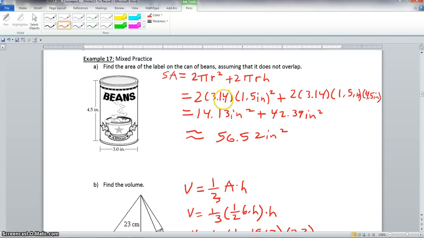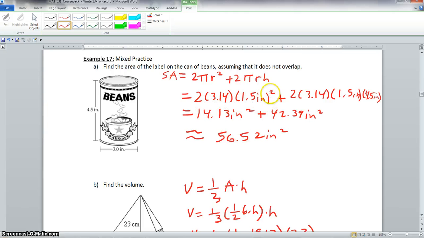So we will have 2 times 3.14, and the radius, we'll take half of 3.0, which is 1.5, squared, plus 2 times 3.14 for pi. The radius is still 1.5, and the height is right here, which is 4.5 inches.